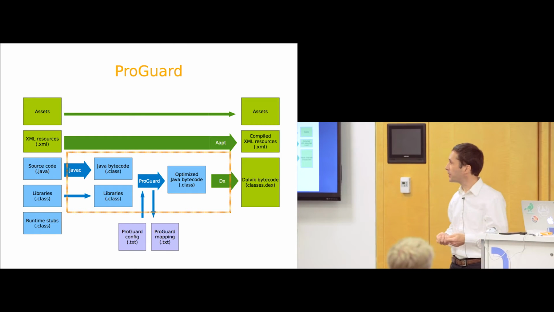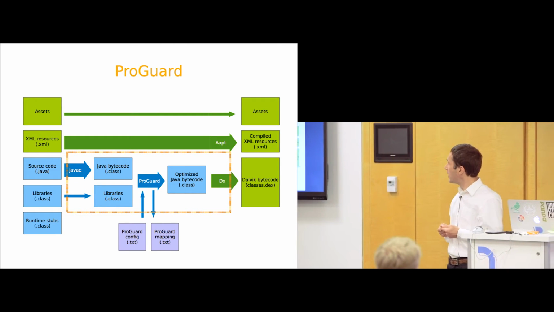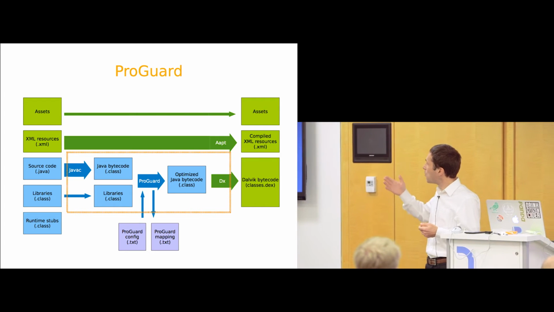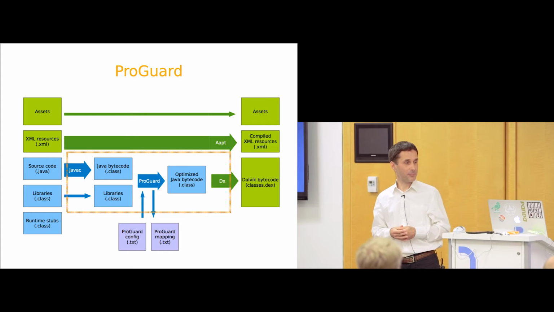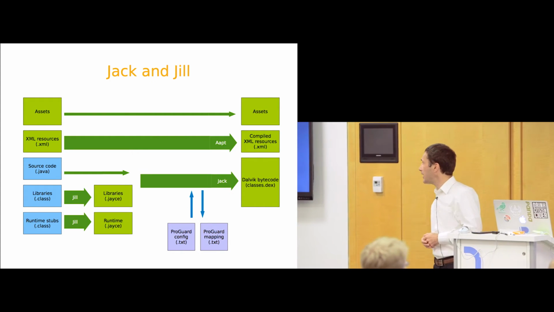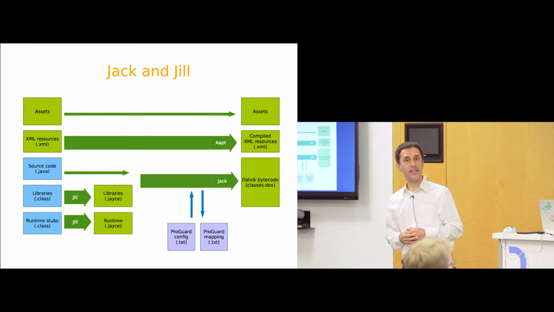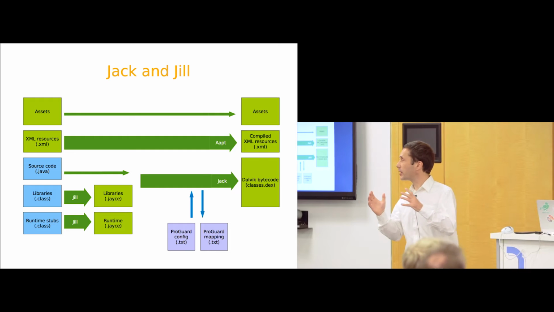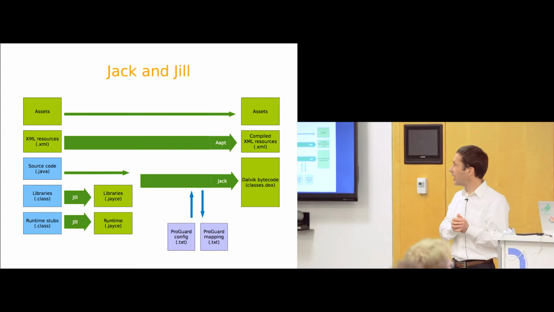If you want to make the build process faster, and that's a continuous effort that's going on, why don't you replace all of these steps by a single step that's more efficient? And that's exactly what the Android team has done. They have created a Jack compiler, which indeed takes the Java source code and compiles it straight to Dalvik bytecode.